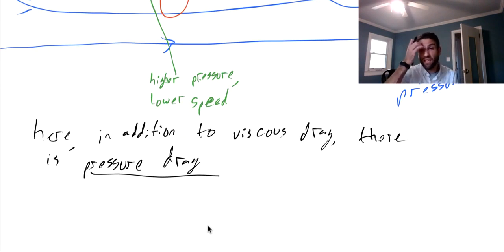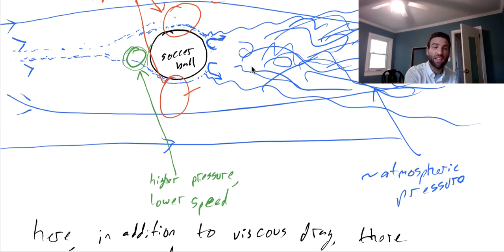If you want, you can also think about what's going on by thinking about ideas of momentum conservation from earlier in the class. Right? So the idea here is that this turbulent wake has air molecules that have had their velocities changed by a lot. Maybe the overall speed of the air molecules isn't so different, but we've radically changed the directions of a lot of velocities of all these air molecules.